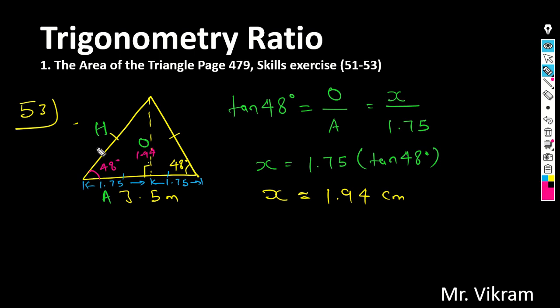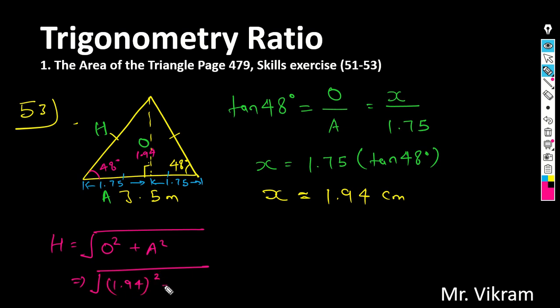Now I need to find the hypotenuse. For the hypotenuse, use the right angle triangle formula: hypotenuse is equal to the square root of opposite square plus adjacent square. Opposite is 1.94 square plus adjacent is 1.75 square.